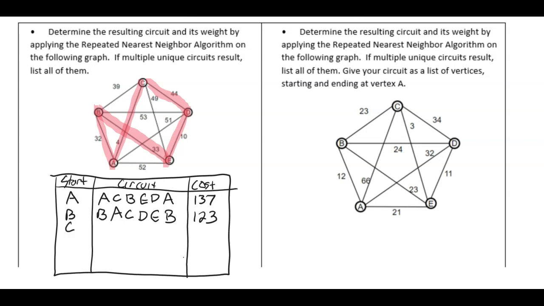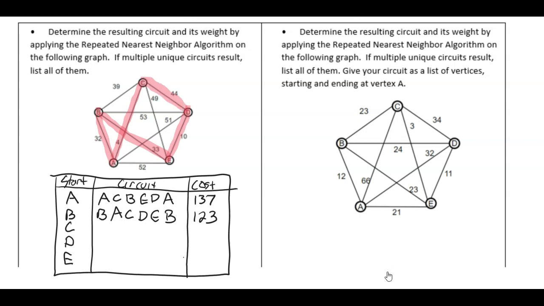Now we go to C, then we'll do D, then we'll do E. We just keep going. Starting at C, the cheapest is definitely that 4. Then at A, we go to 32. Then we do the 33. Then we do the 10. And last, we would finish off.